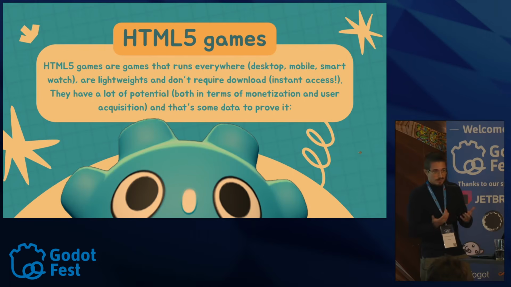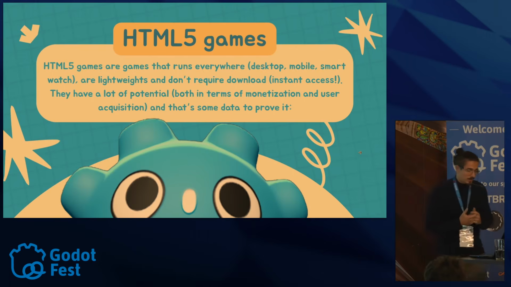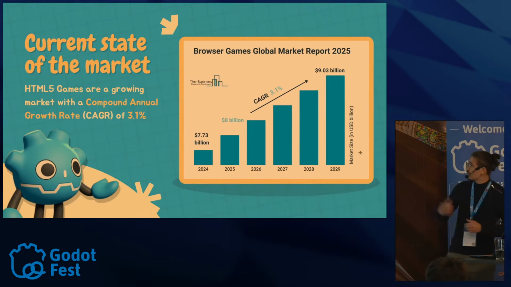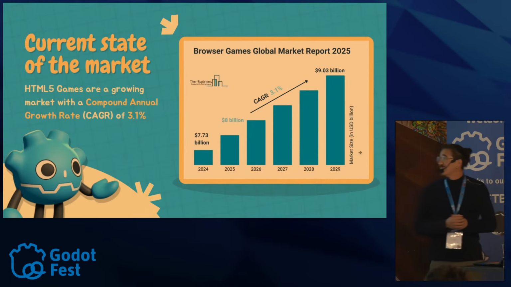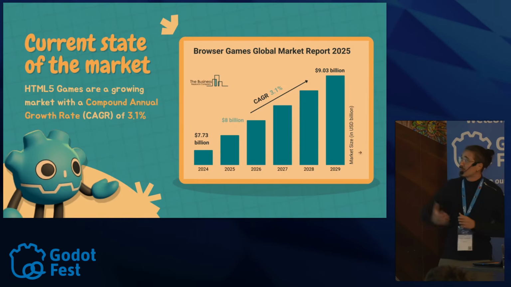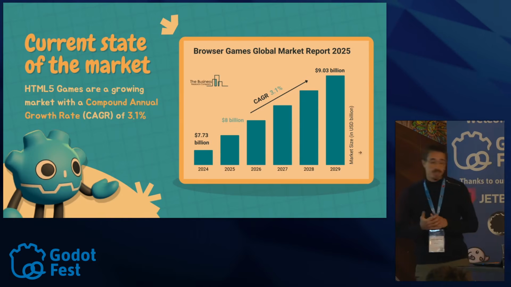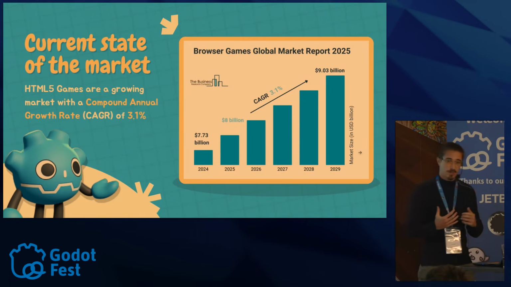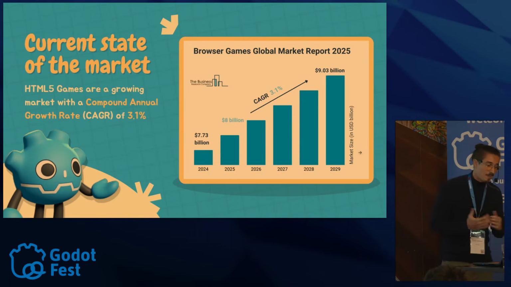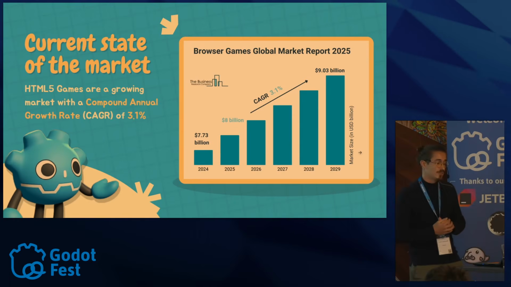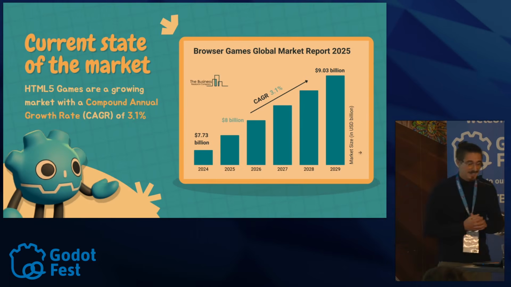I don't ask you to just trust me about this, so I want to show some data that proves what I'm talking about. The current state of the market shows that HTML5 games are growing. It's a growing market, with a compound annual growth rate of 3.1% every year, and it keeps growing.